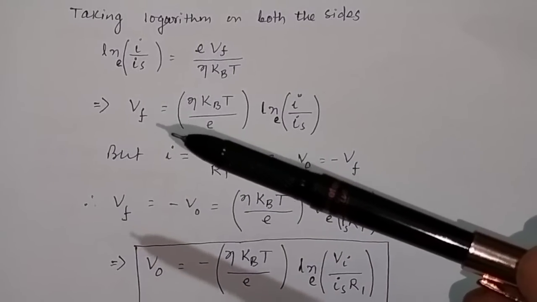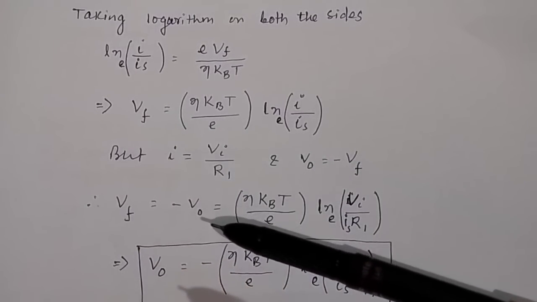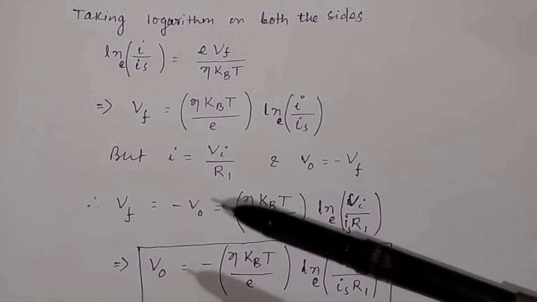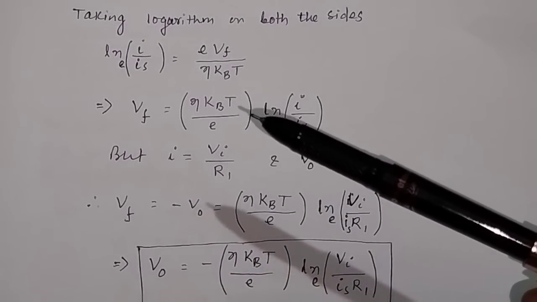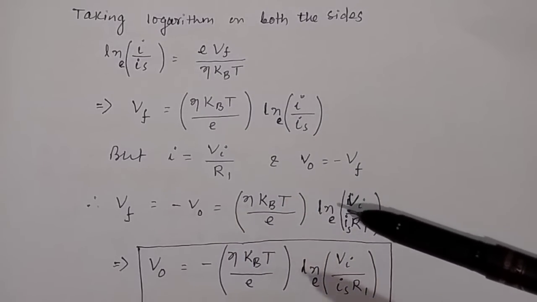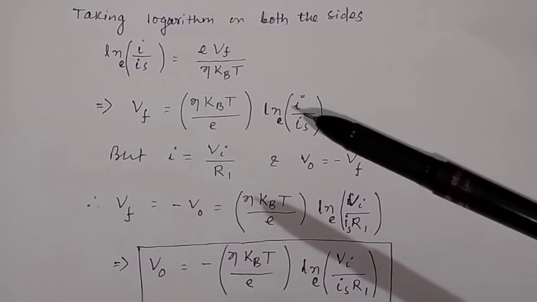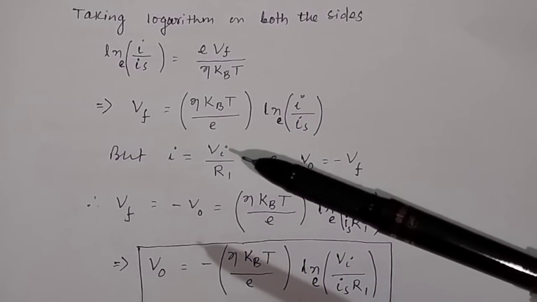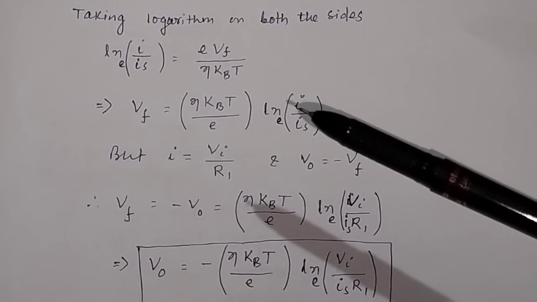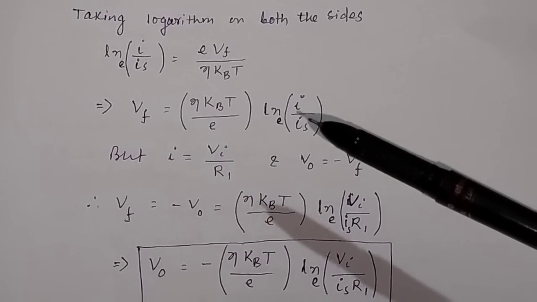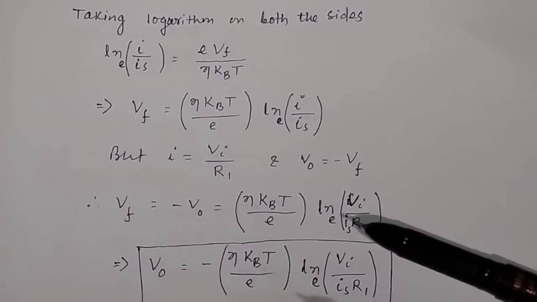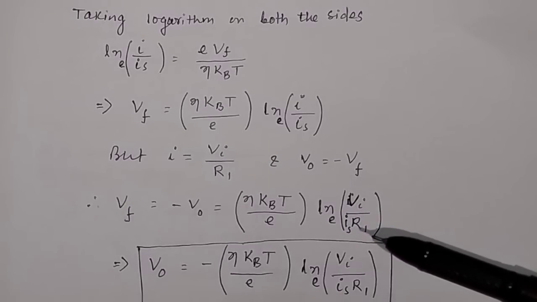In place of your feedback voltage, you can write the minus of the output voltage, and that will be equal to eta kBT divided by e into log I divided by Is. And in I, the input current, you can write input voltage divided by R1. So inside the logarithm you have input voltage divided by Is into R1. So log of input voltage divided by Is into R1.